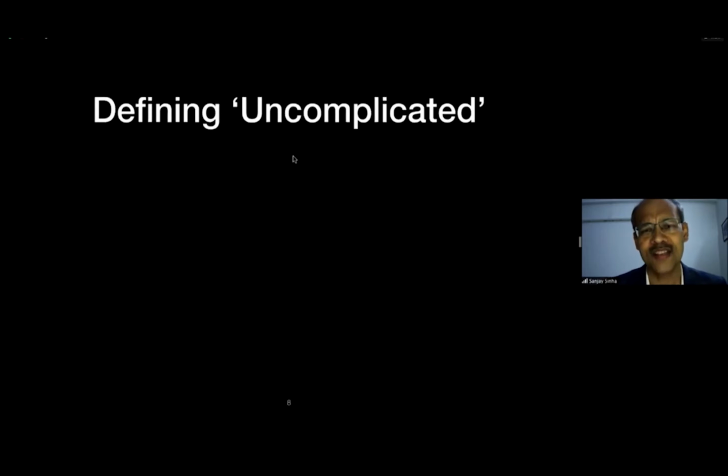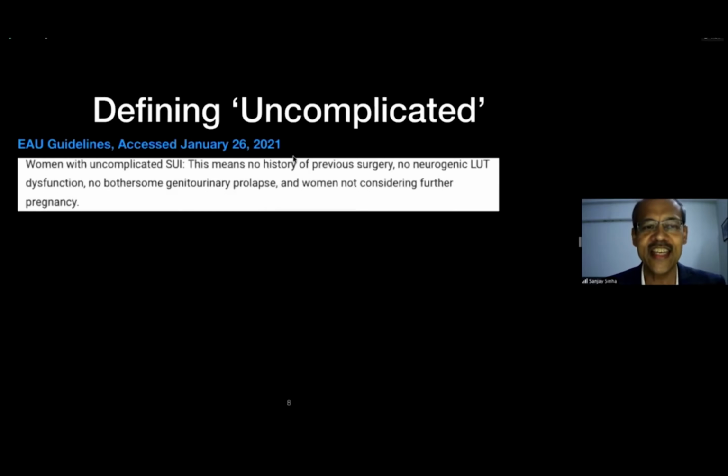A bigger issue perhaps is in defining uncomplicated. And this is something surprising because if you look across various guidelines, there's no clear single definition of what uncomplicated constitutes. This is the EAU definition, which I accessed day before yesterday. A woman with uncomplicated SUI, this means no history of previous surgery, no neurogenic dysfunction, no genital prolapse, not considering pregnancy.